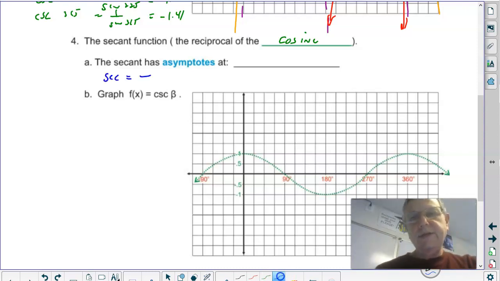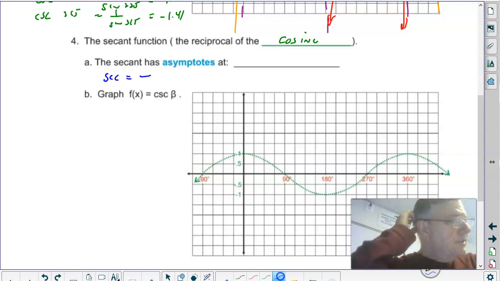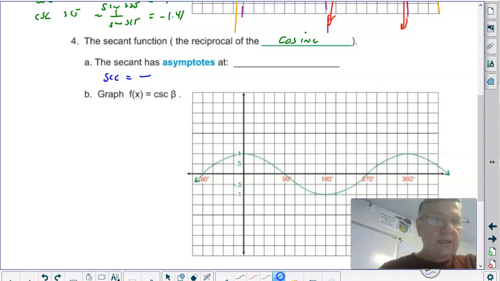If the cosine is the adjacent over the hypotenuse, the adjacent over the radius, right, over the hypotenuse, then it's the radius over the adjacent, and the adjacent is the x value. So when is the x 0?